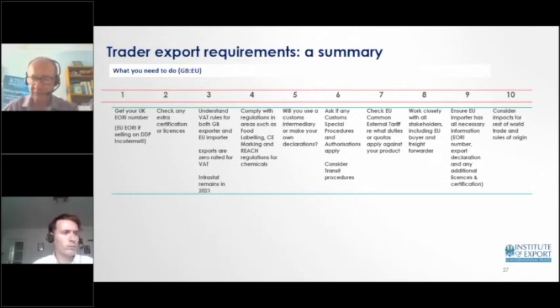Now, what's been announced, and certainly for EU to GB trade, is that financial guarantees will not be required unless you're a high-risk trader. There will be solvency and compliance checks obviously made against your business. So if that's the case, it allows you to use CFSP on a more straightforward basis without the guarantees.